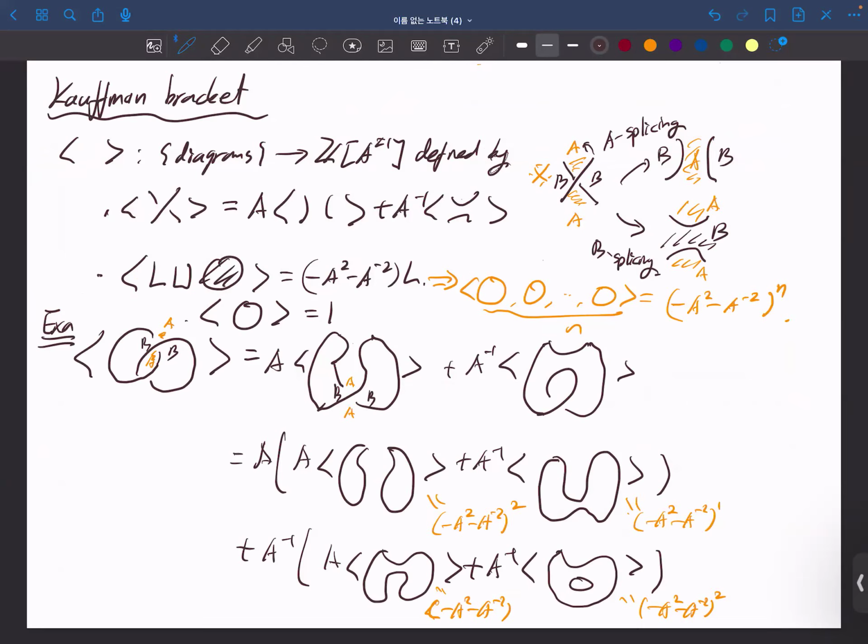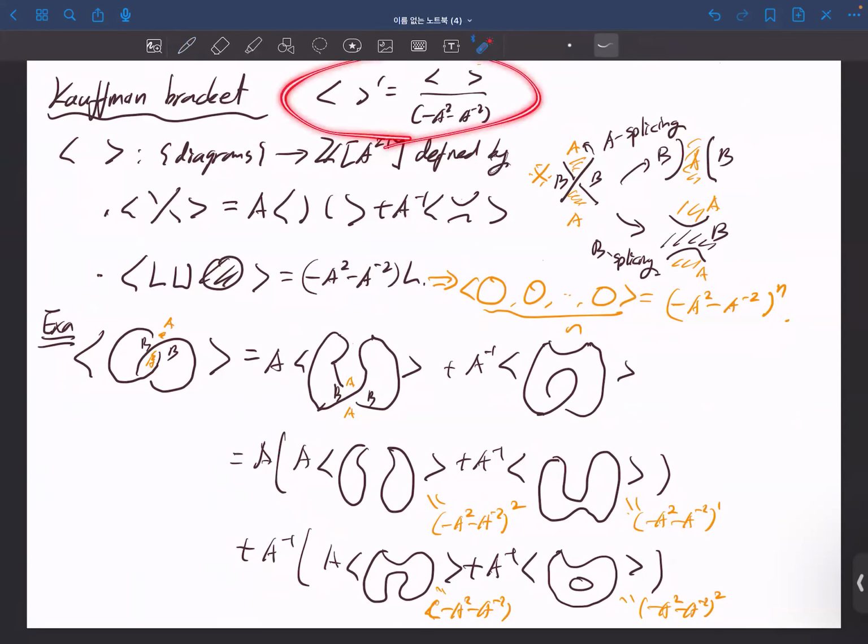Yeah, that's right. But no big difference. I mean, we just need to divide by the value of the circle. If we define it like this, then it is equal to 1. So in some sense, I introduced the unnormalized Kauffman bracket, but there is no big difference in the definition.